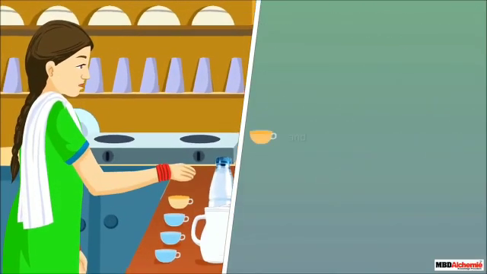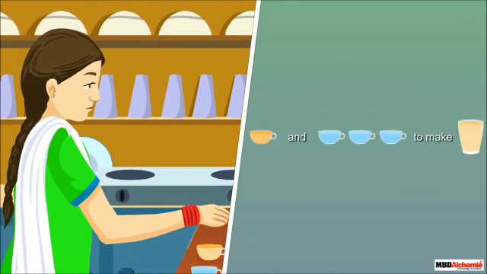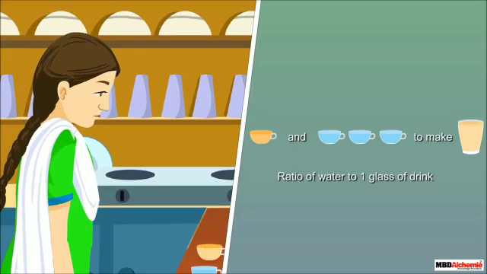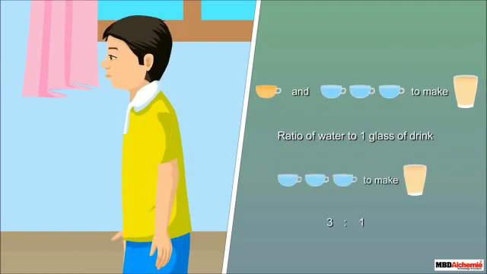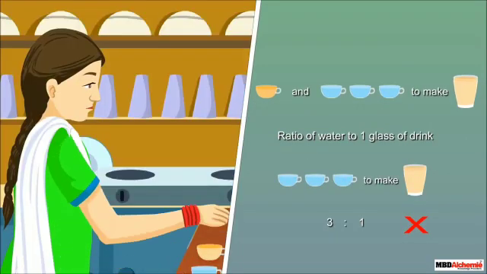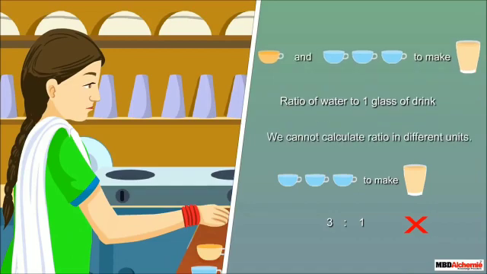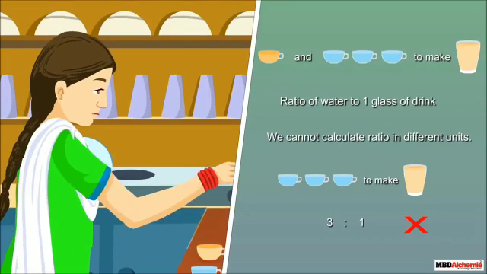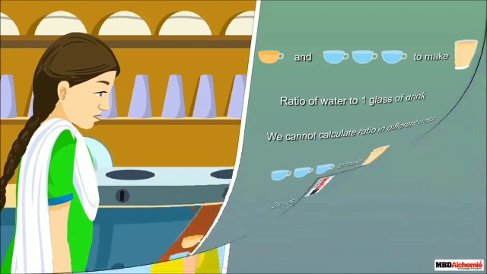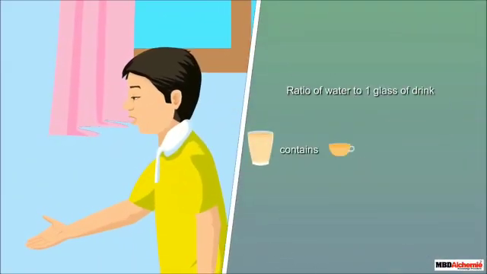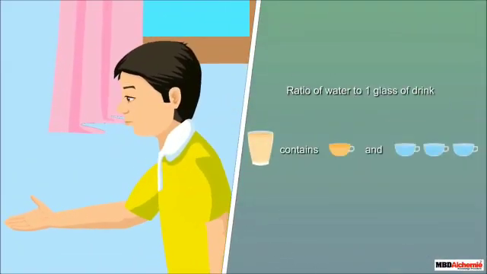We have used the squash and water in the ratio of 1:3. For this, can you write the ratio of water to 1 glass of drink made? I think it is 3:1. No, Vinay, we can't calculate ratio in different units. Here, the unit for water is 3 cups. Then we have to use the same unit for the drink also. 1 glass of drink contains 1 cup of squash and 3 cups of water.